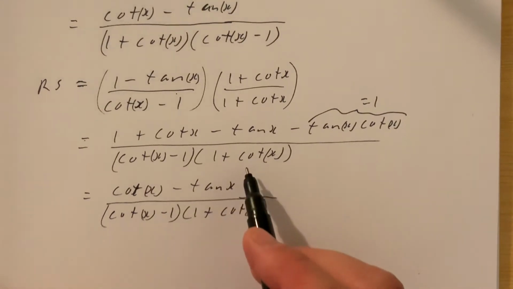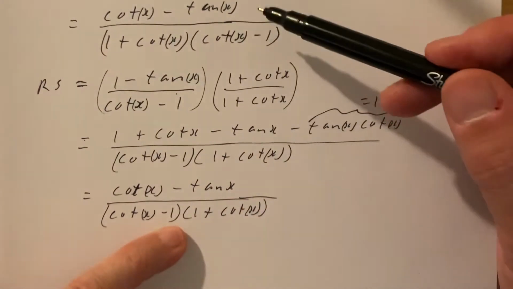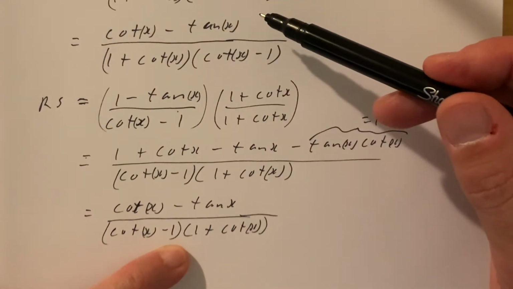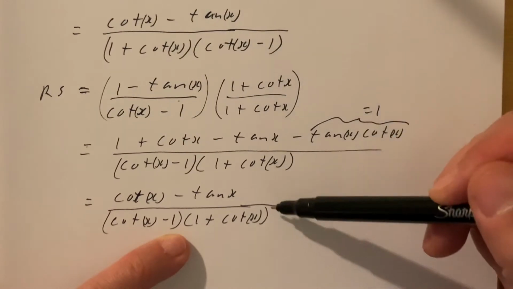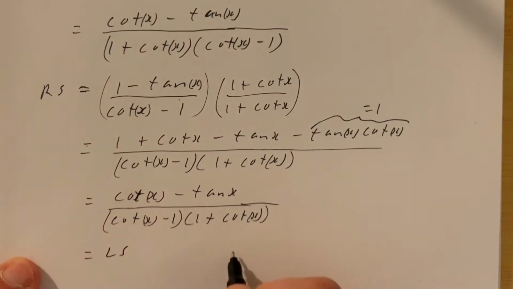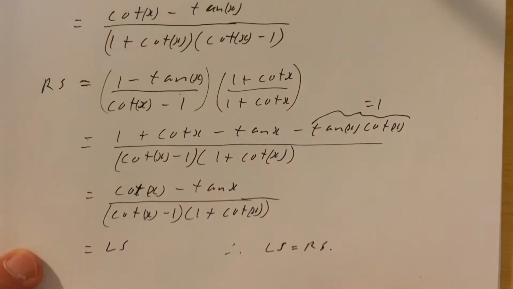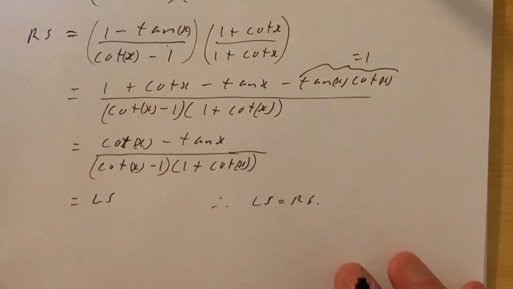Okay? So, and this is the same as what we had up here for the left side. So those two are identical, this and this. So now we can say the right side equals the left side, and therefore left side equals right side, and we're done. Okay? Now there is a way to go directly.